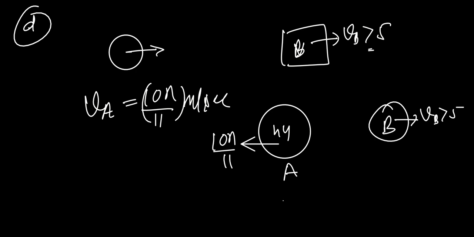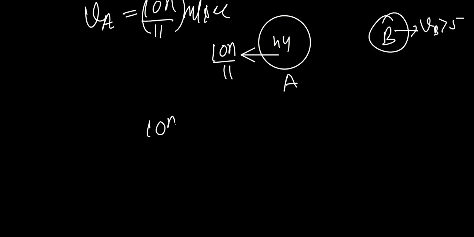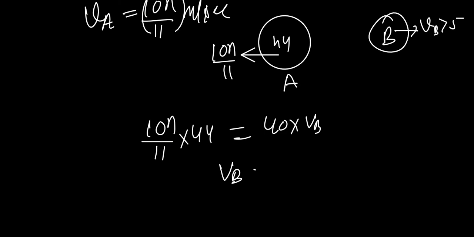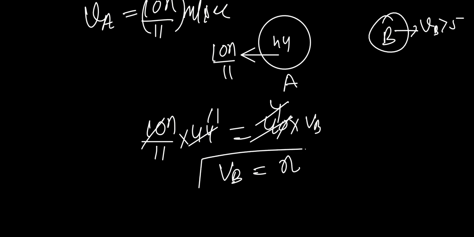So we'll apply conservation of linear momentum here, that is 10n by 11 into 44 is equal to 40 into VB. So VB is equal to n.